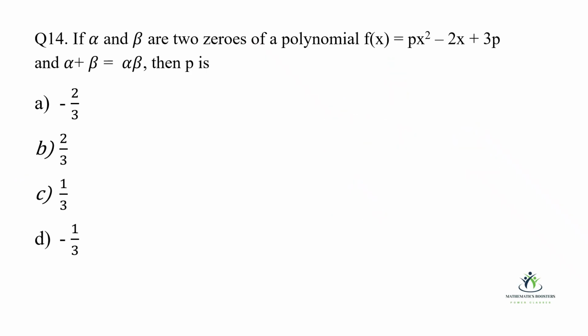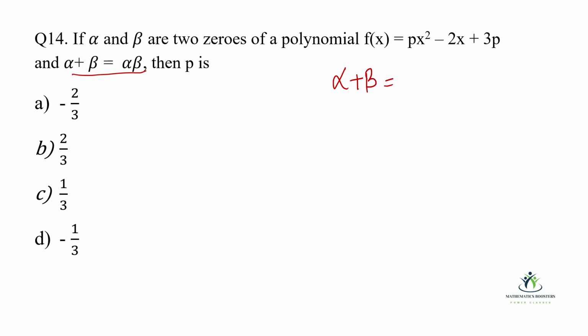D part. Alpha, beta are the zeros of the polynomial f(x) is equal to px square minus 2x plus 3p, and one more equation given, alpha plus beta is equal to alpha beta. Find the value of p. First let's find sum of zeros.